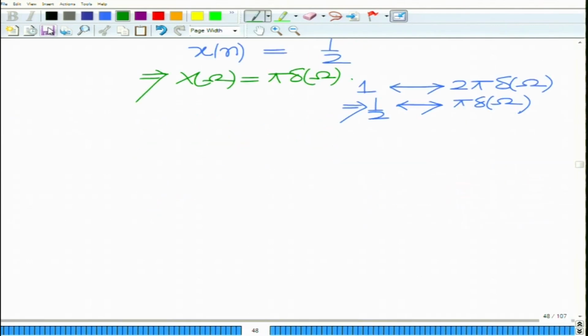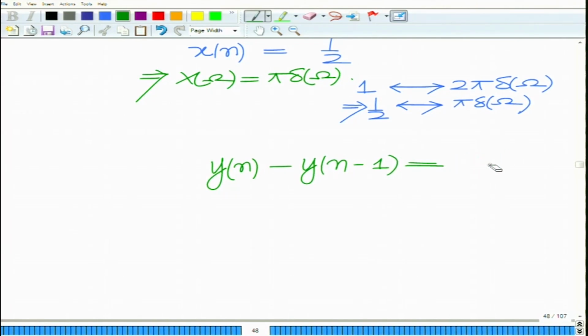Now, if you look at y[n], which is half for n greater than or equal to 0 and minus half for n less than 0, if you look at y[n] minus y[n-1], that is equal to delta n.